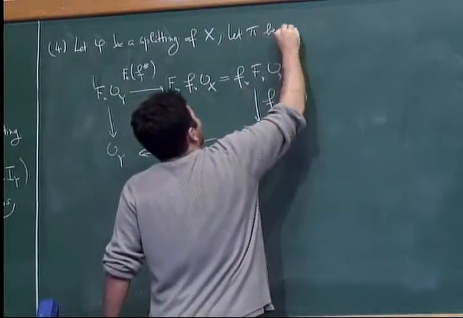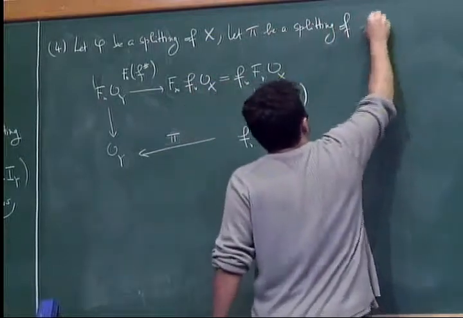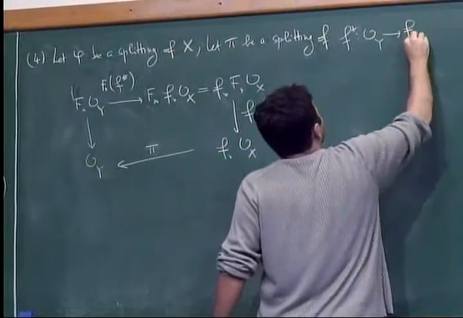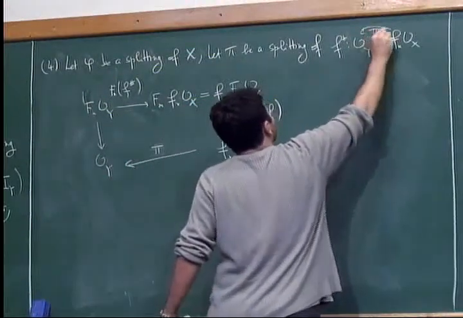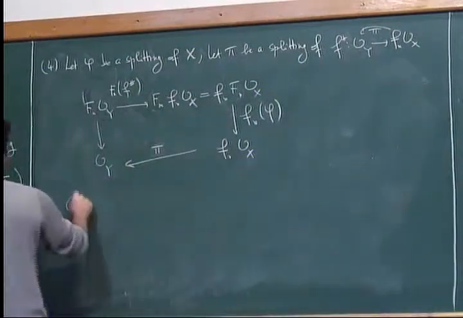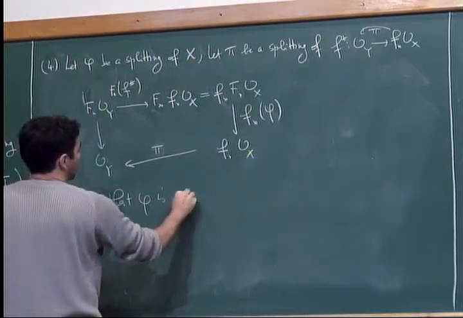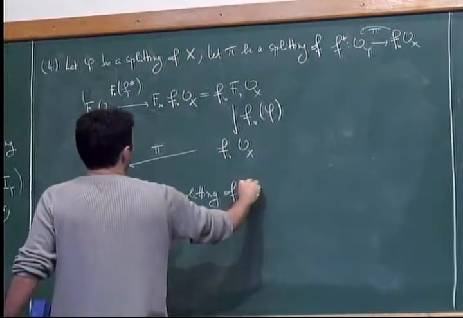Let pi be a splitting. So you have defined your phi, and you can check that phi is a splitting of Y.